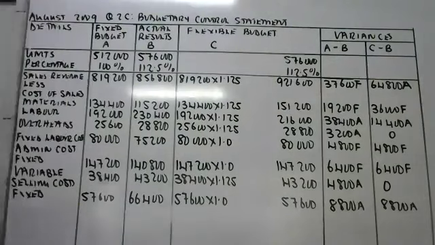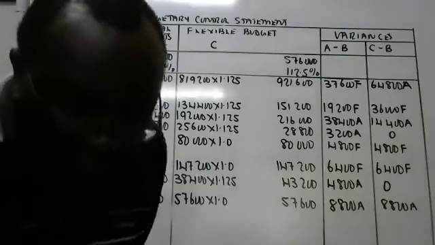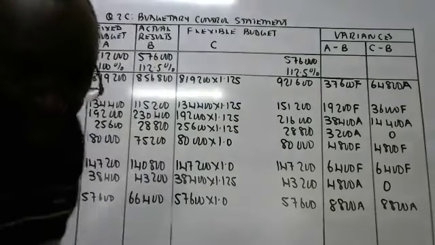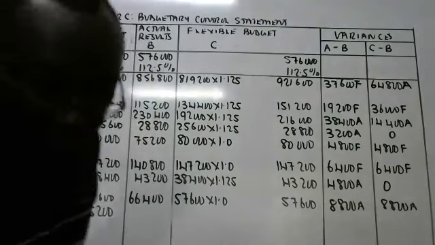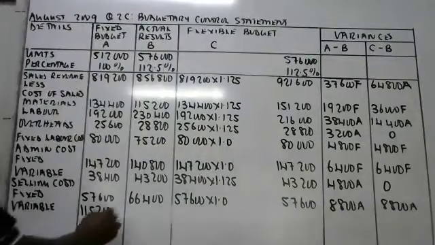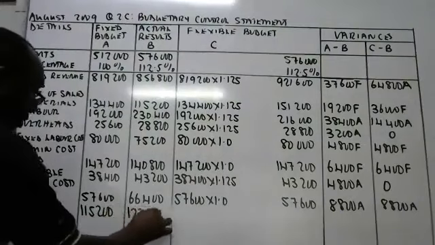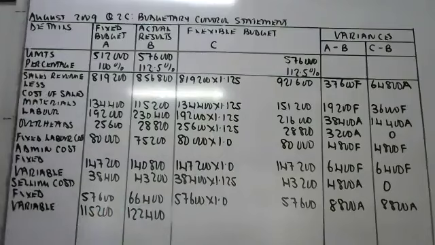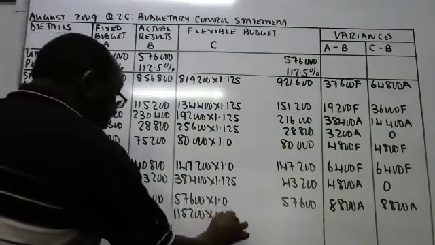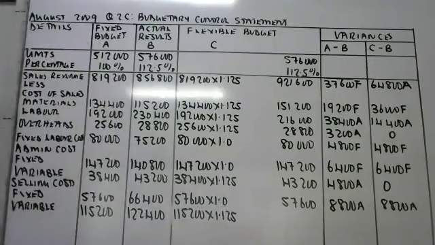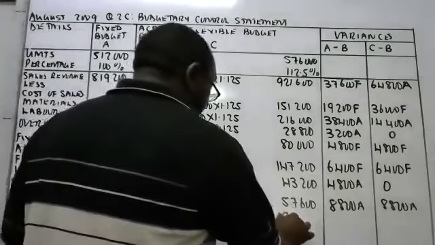Then we have the variable. The variable is 115,200 and 122,400. So is this a variable cost? If yes, then we take 115,200 multiplied by 1.125, which is 129,600.